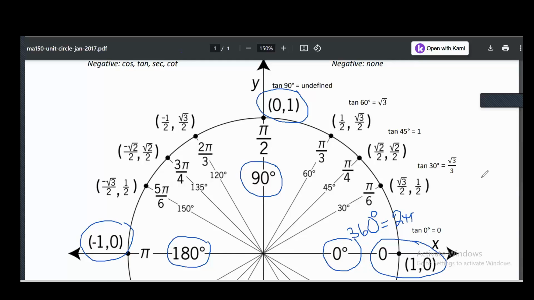So if you can remember all of the values all the way around the circle for cosine, sine has got to be the other number, right? So if I say, what's the cosine of 0? And you say it's 1, then you don't have to memorize that sine is 0 because you know that sine is the y value. So if cosine is 1, that means that sine is the 0.